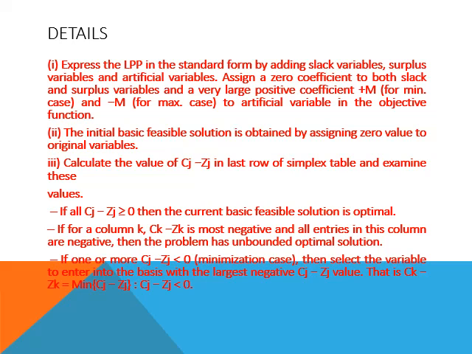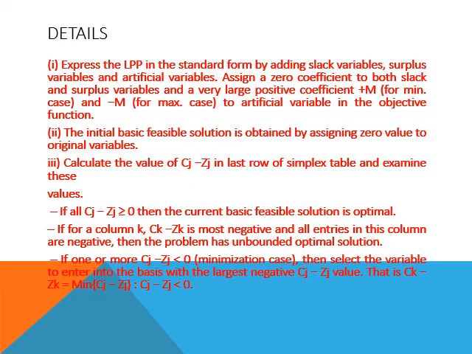In case of the big M method, the disappearance of positive value means that we obtained the optimal solution.